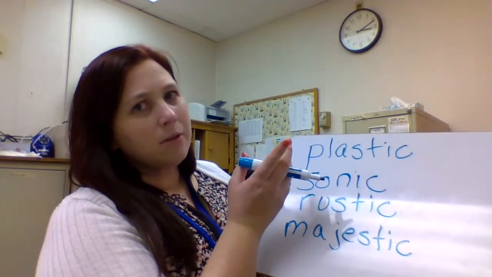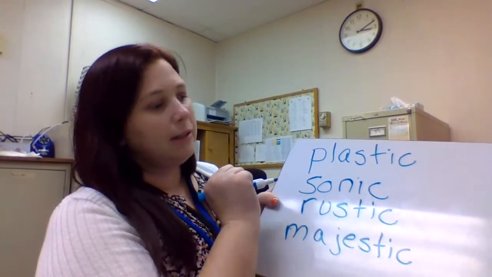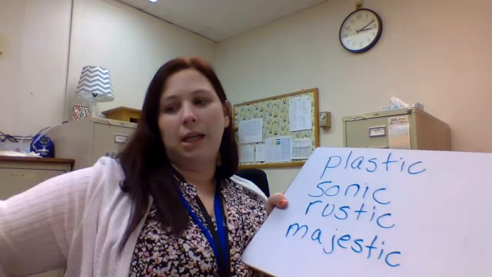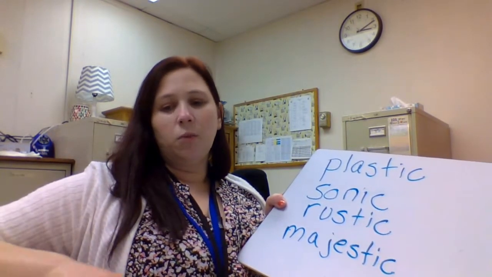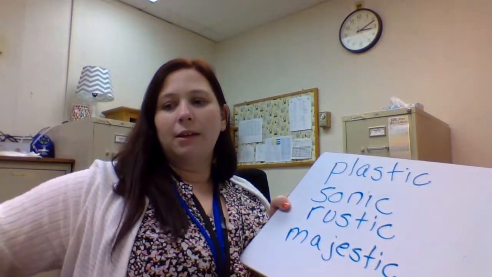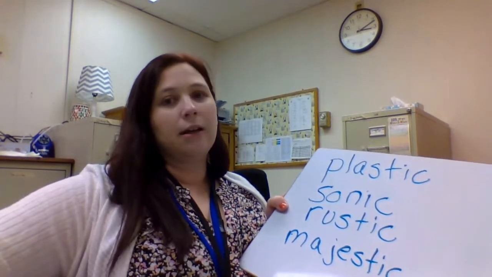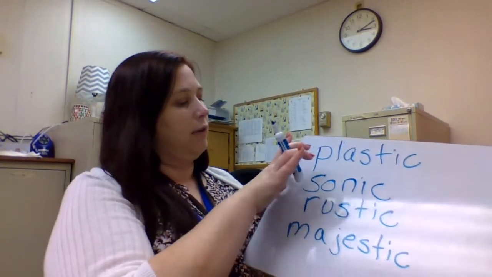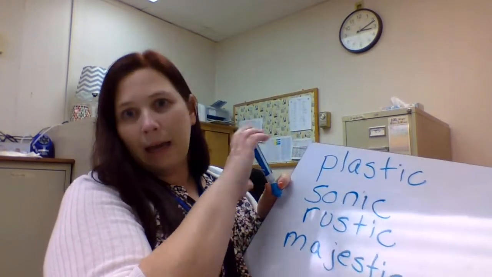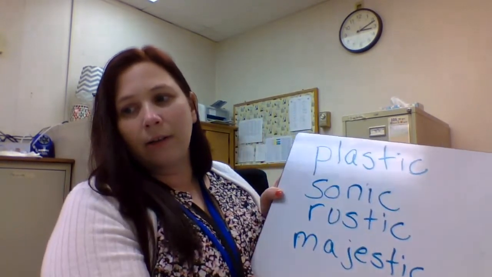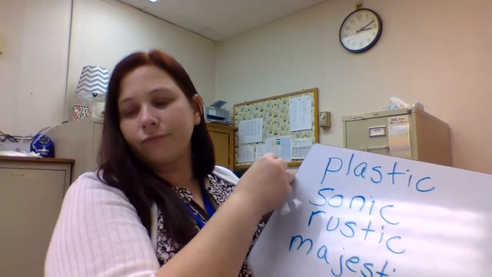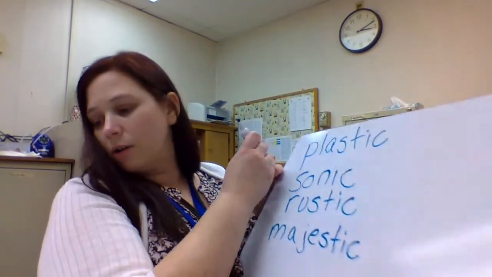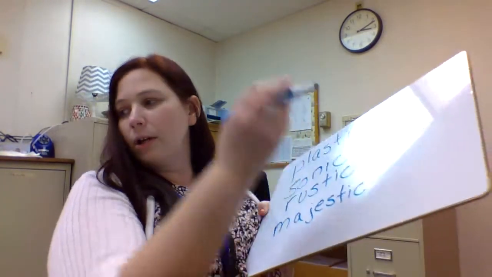Are they one syllable? They're not. They're all at least two, and we have one that is three. So when we have a word that has more than one syllable, we're going to end that word in a C instead of a K or a CK or a KE. This is how we're going to end it. All right. Let's put our pencil on number 11.